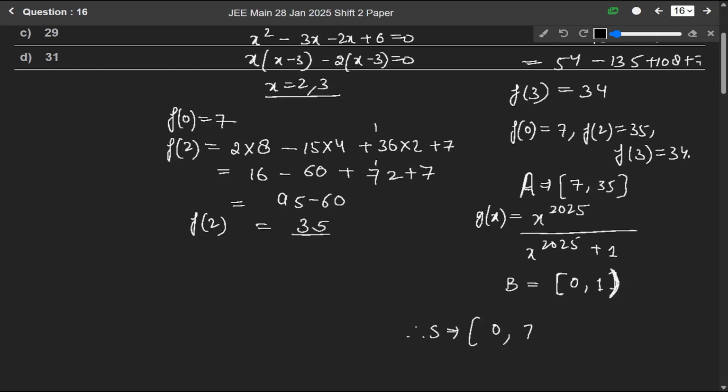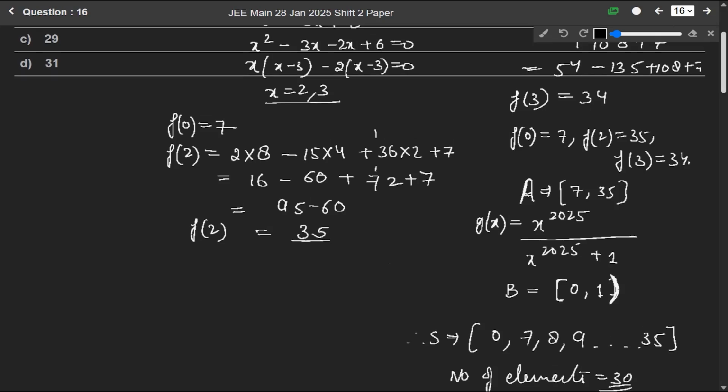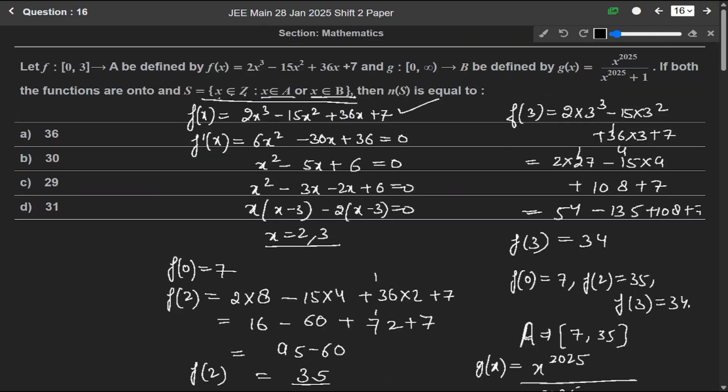It means 7, 8, 9 up to 35. Okay, so the number of elements will be 1, 2, 3, 4 and up to 35. It means the number of elements will be 30 here. So our answer is option B, n equals 30.